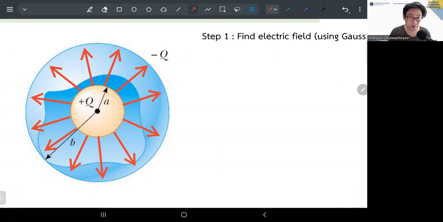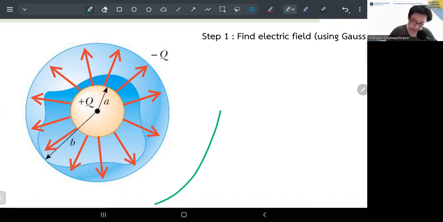You can think either way, Gauss's law or whatever, that the electric field from the inner sphere and the outer sphere will cancel each other out. It doesn't have to be assumed, actually; you can show it by doing Gauss's law.